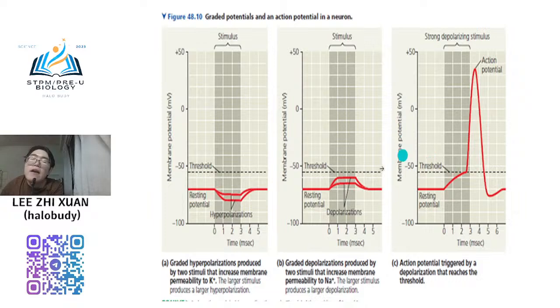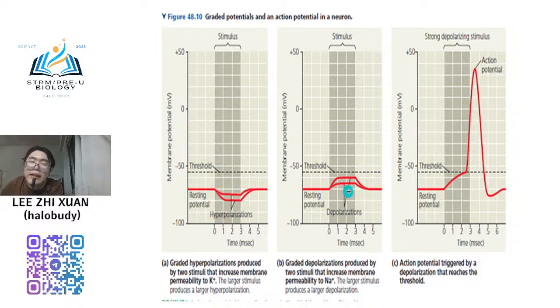When your stimulus can make the membrane potential reach the threshold level, then it will directly trigger an action potential. If your stimulus is very weak and does not reach the threshold level, then there is no further depolarization process or repolarization process.